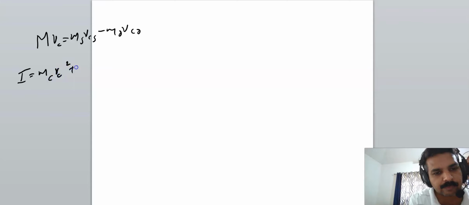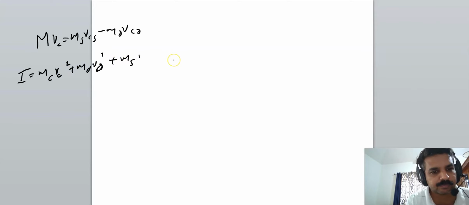MCRC square plus MORO square plus MSRS square. Substitute the values of RO and RS here.